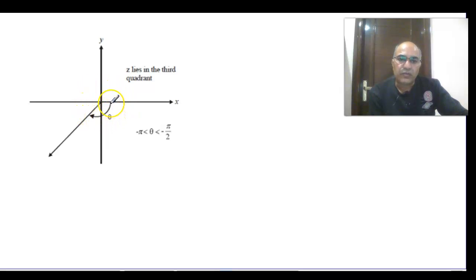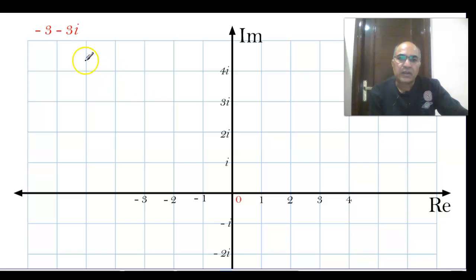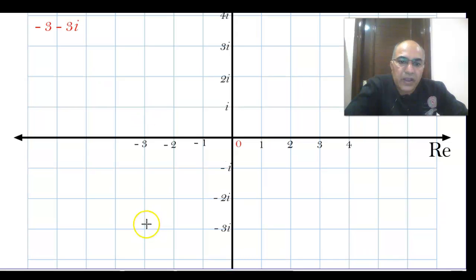Therefore, we measure this angle and take negative sign with it. Let us take an example. Z is equal to minus 3 iota. The point minus 3 iota is at this point, and the vector representing minus 3 iota is this vector.